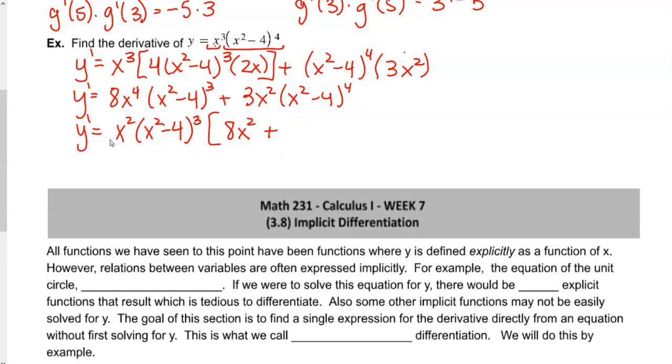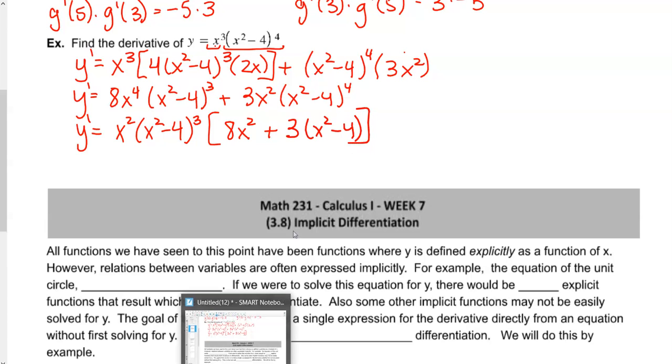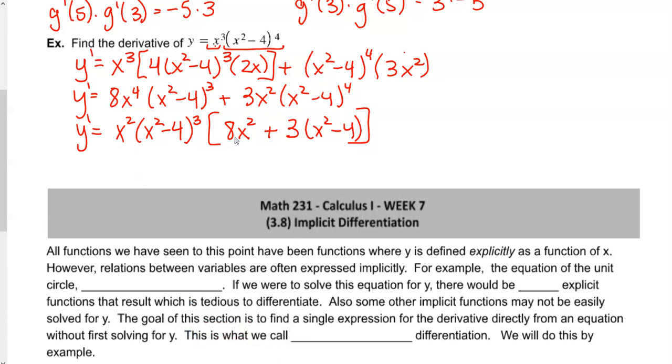Well, notice I need a 3. I took the x squared completely out, but I only took 3 of these out. So I need a 3 and I need an x squared minus 4 to make that power of 4. So if you need to, make sure that you multiply this times this to see if you get this back, and multiply this times this to see if you get this back as well, okay?